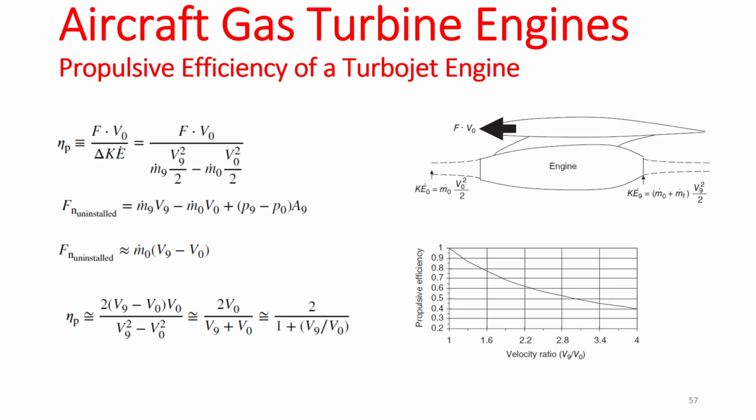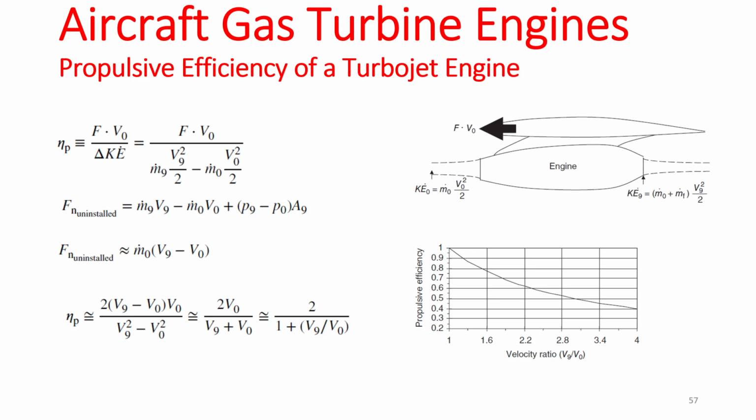So, based on the discussion we have had here, is there anyone who can tell me what is the complex part of that? Because the equation of the thrust is telling you V9 minus V0, right? Higher V9, higher thrust. Are we clear on what the question is?